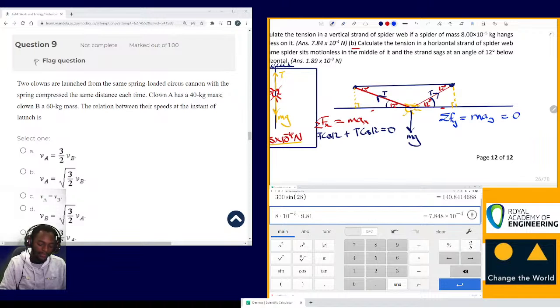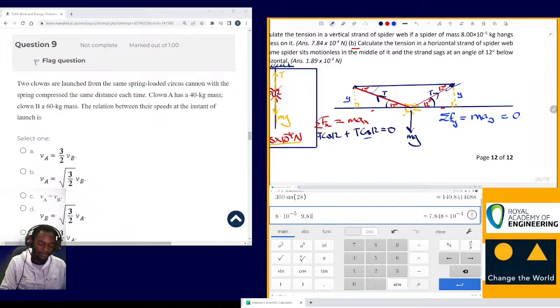Now let's identify the forces. We've got this tension, and these have to be resolved in the vertical. We can use the right angle that we've shown to find the y side, and that will give you T sine of 12.